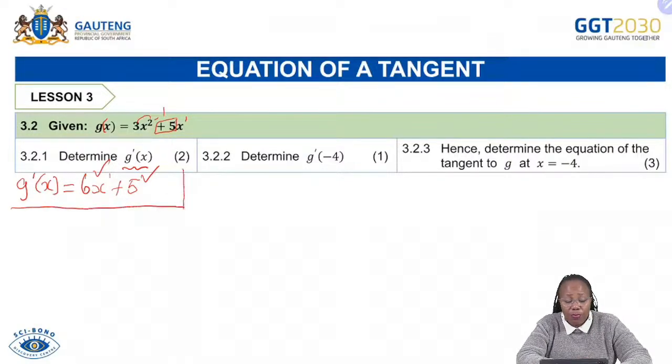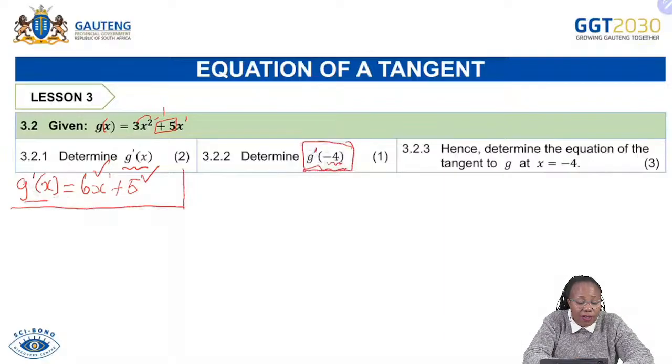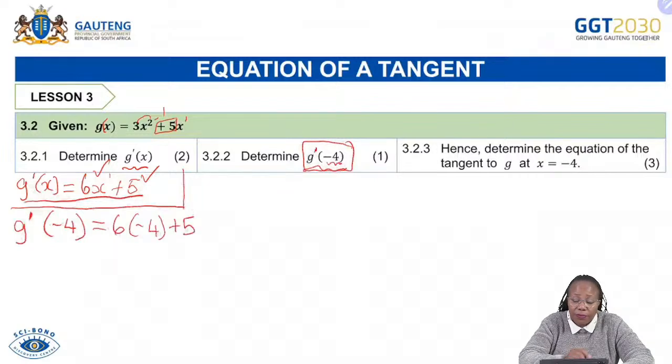And then for 3.2.2, determine the derivative when x is equal to minus 4. That means this is saying to us, substitute minus 4 in your derivative equation. Okay, so this is the derivative equation. That means we will be substituting a minus 4 into that equation. Where we have x, we are going to substitute with minus 4, plus 5.